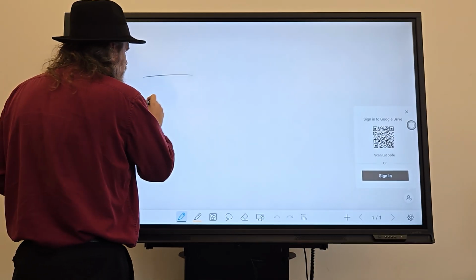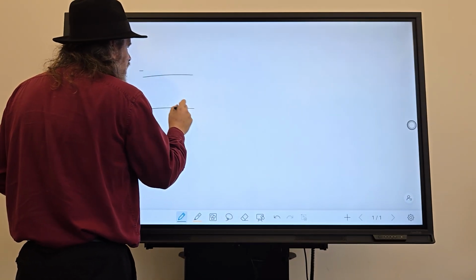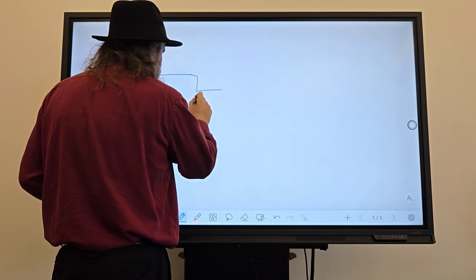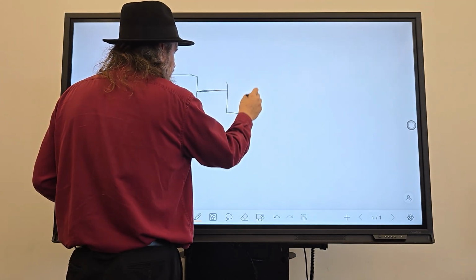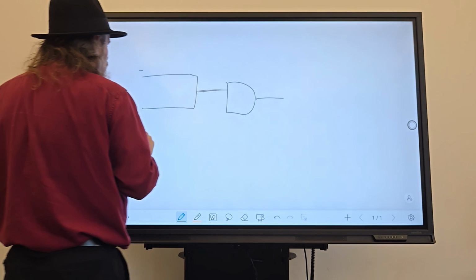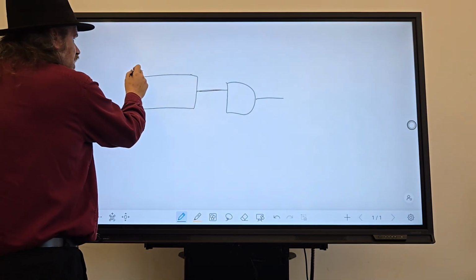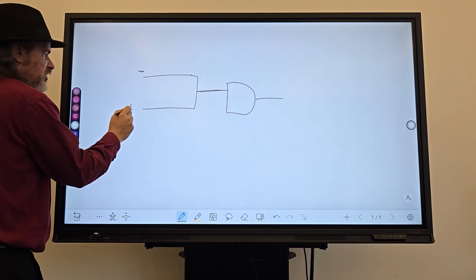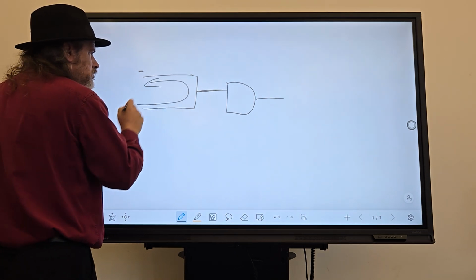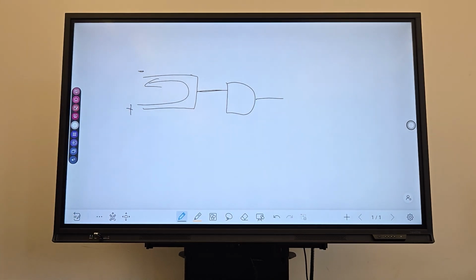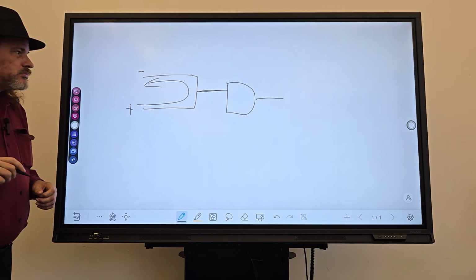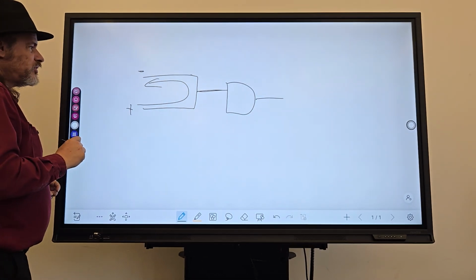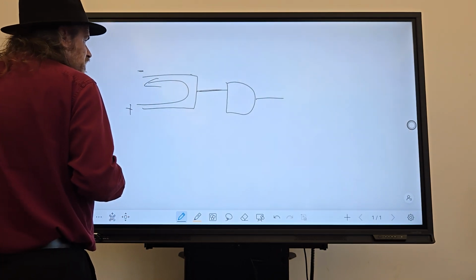If you have 2 inputs and you tie them together to go to, say, an AND gate, if this one is low and this is high, you'll get a short circuit. It won't trigger the input of the AND gate. You'll get a short circuit, things will start smoking, and we all know smoking is bad for you. So don't tie inputs together.